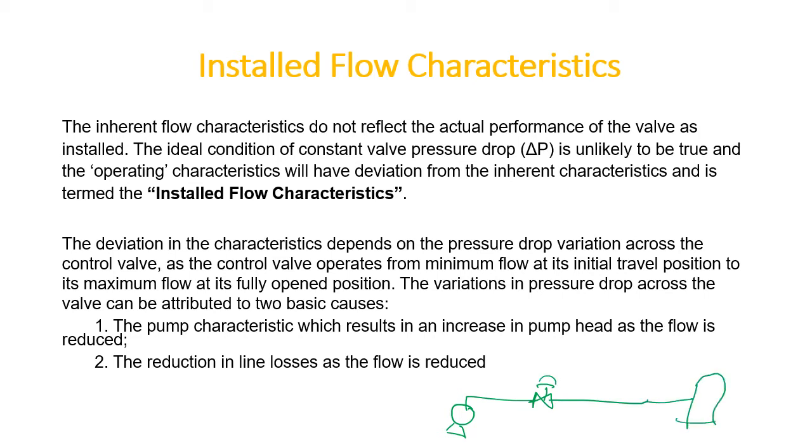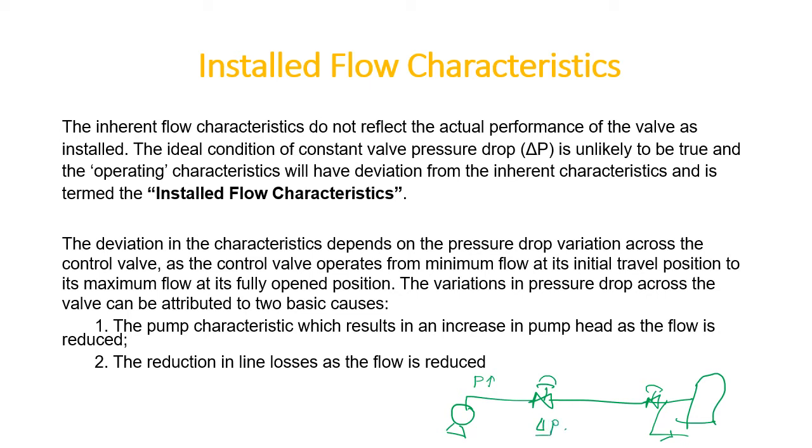Now if the flow is reduced, maybe because there is some isolation valve and there are other consumers, but they are not taking the liquid, in that case the flow gets reduced. As the flow gets reduced, the pressure increases, the pump head increases. So this is one of the reasons why the delta P varies across the valve.